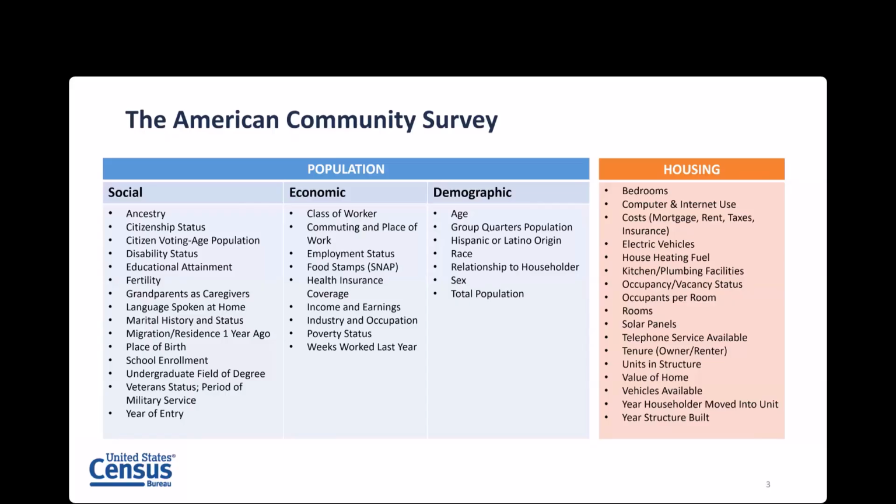So you get social characteristics like educational attainment, veteran status, and language spoken at home. Economic characteristics include things like health insurance coverage, income, and poverty. Demographic characteristics like age, sex, race, Hispanic origin, relationship to householder. And then housing characteristics, including things like homeowner versus renter status, home value, and rent paid.